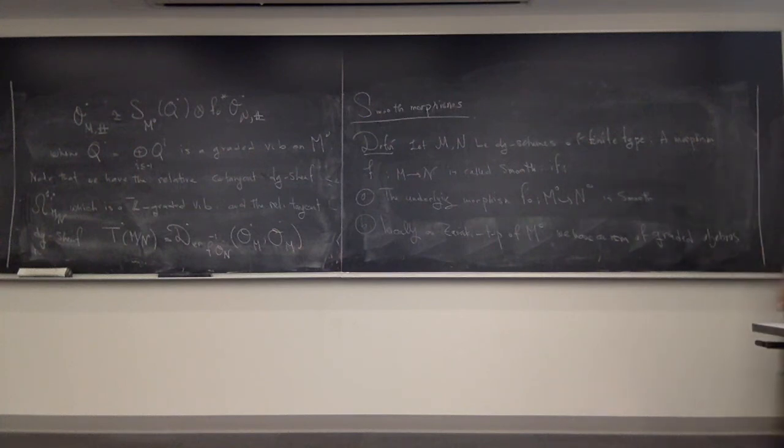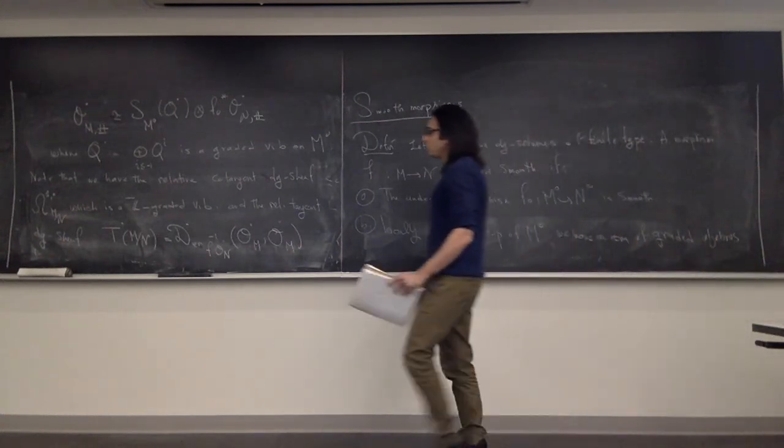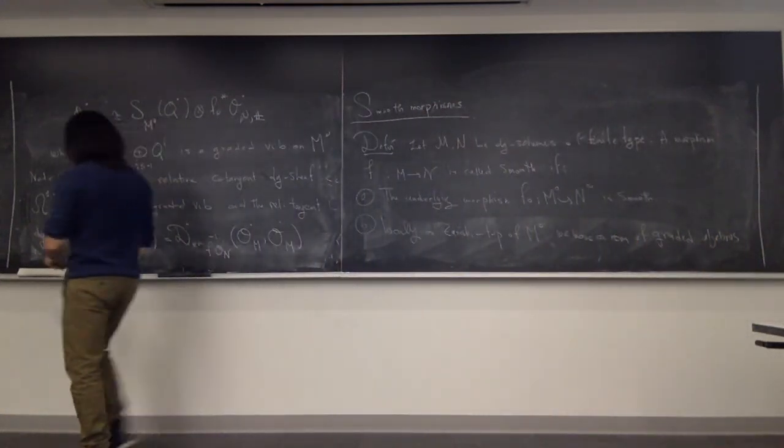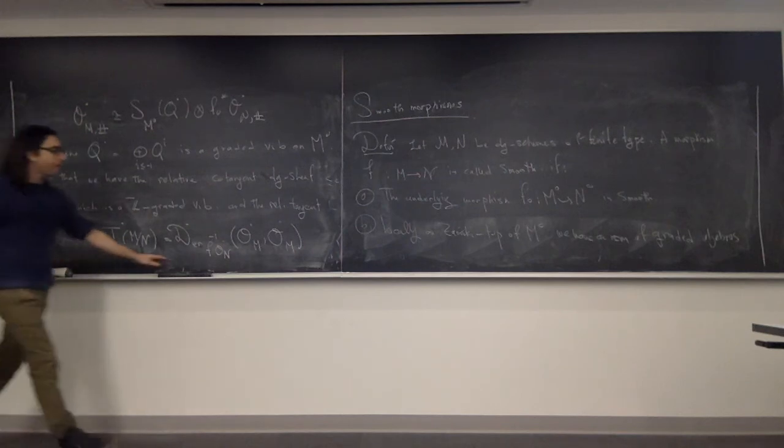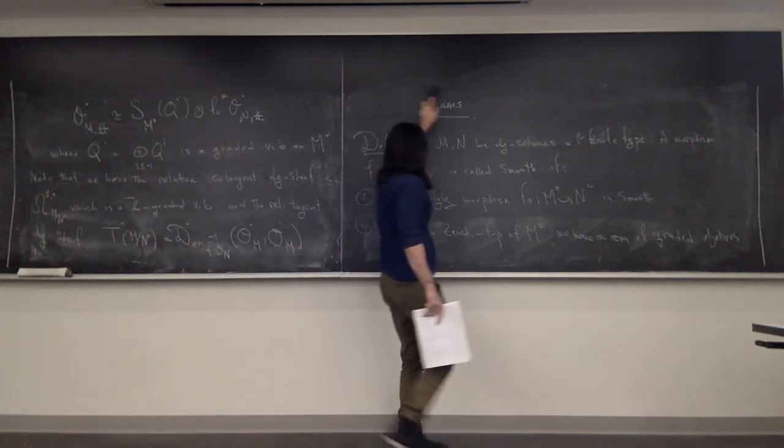Well, it's true, right? So the point is that if you have a smooth morphism, then the relative cotangent complex of this thing collapses to the relative cotangent sheaf. And similarly, you can have the dual one, which is the relative tangent sheaf.